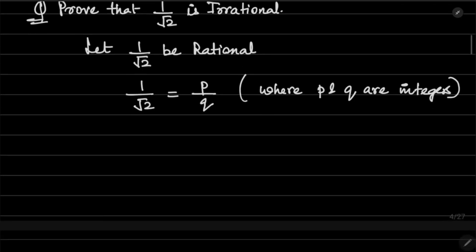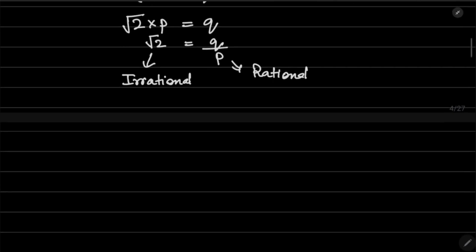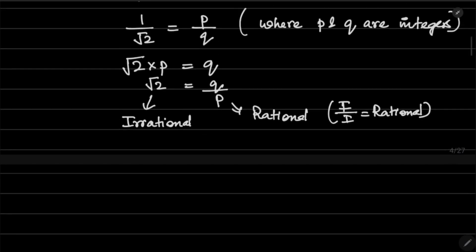Okay, cross multiply, what do you get? Root 2 into P is equal to Q, or you can say root 2 is equal to Q by P, right? So again, here you have an irrational number. Here Q is an integer, so integer by integer is a rational number. And you can write I by I is equal to rational. So irrational cannot be equal to rational.